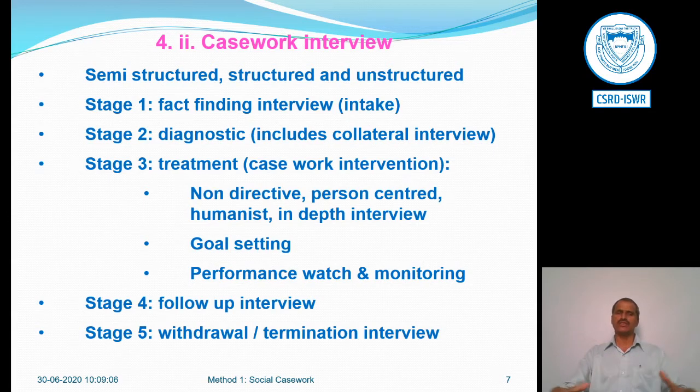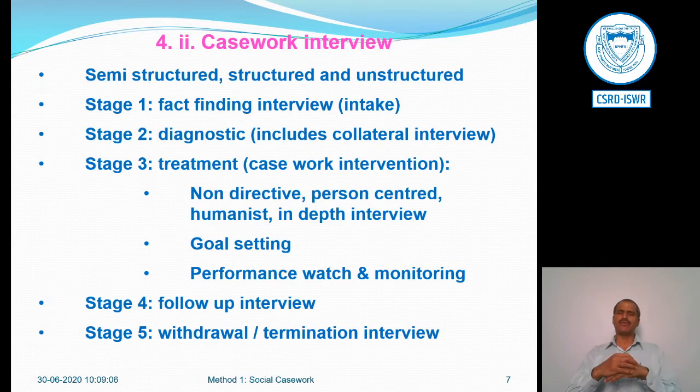It is interviewing the significant others and other collaterals, and the purpose is to arrive at a conclusion about the problem the person faces. So this is called diagnostic. It is an explorative, in-depth interview. The purpose is to understand the client's real problem, the root cause of the problem.